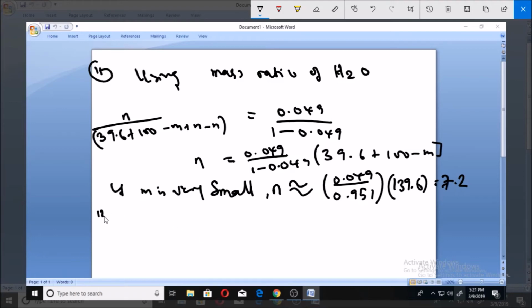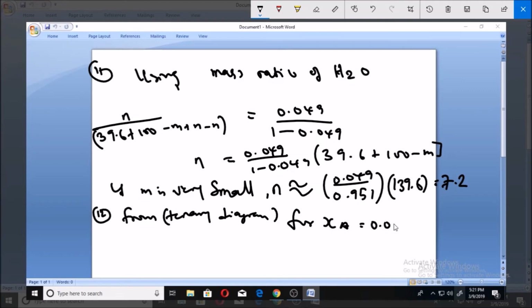The 12th thing that we do now is that from the ternary diagram, for XA equal to 0.007, X MIK is equal to 0.02.